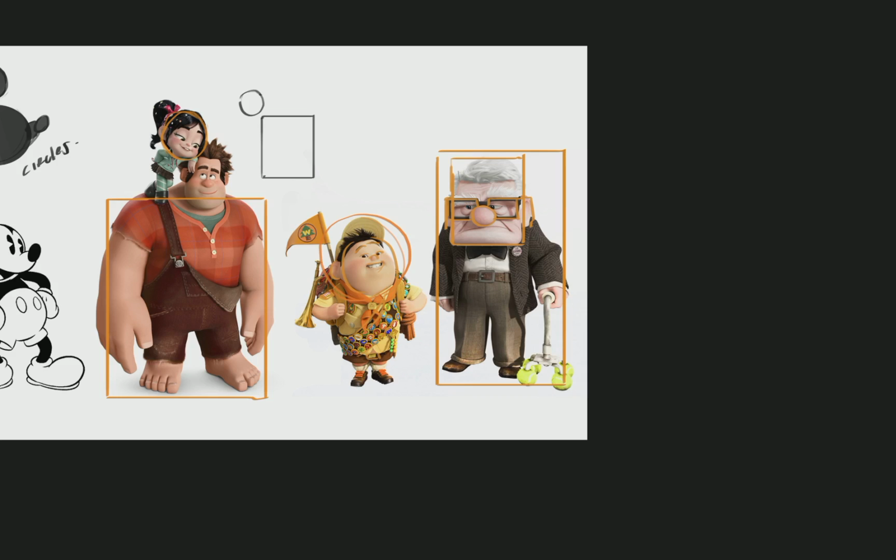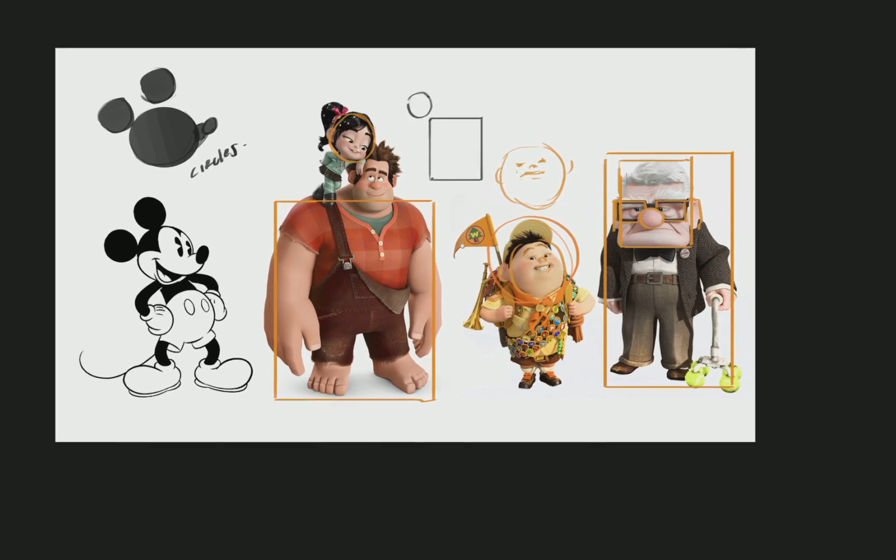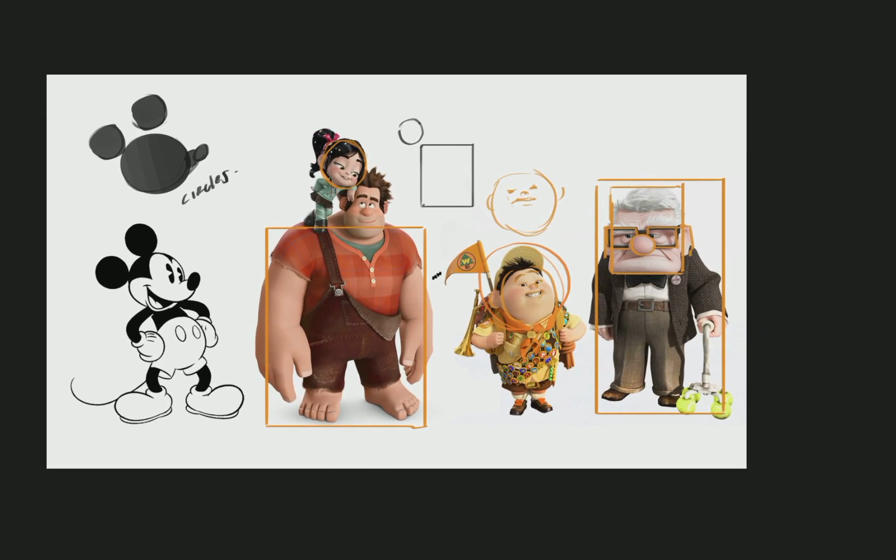Even at certain points, his facial expression actually gets pretty square when he's upset, even though he has a round face. So these types of design languages are utilized to really showcase and drive not only story, but also the character development.